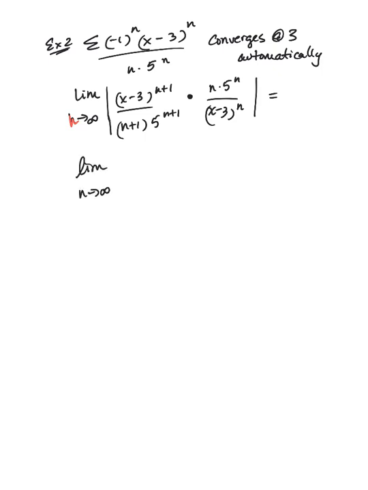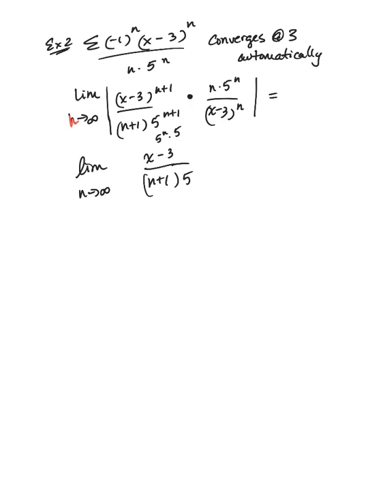And we're going to have the limit as n goes to infinity of just x minus 3 over n plus 1 times 5, because the 5 to the n plus 1 is 5 to the n times 5, so the 5 to the n cancels. So that's everything I'm going to end up with.